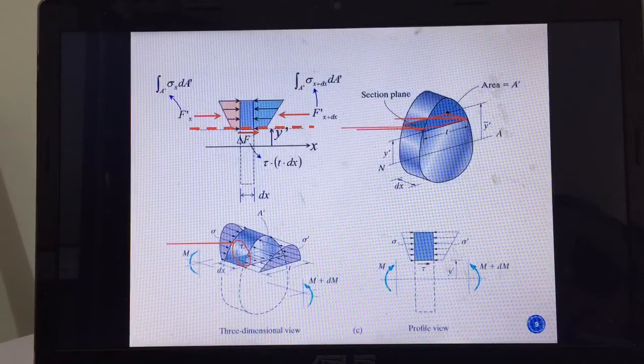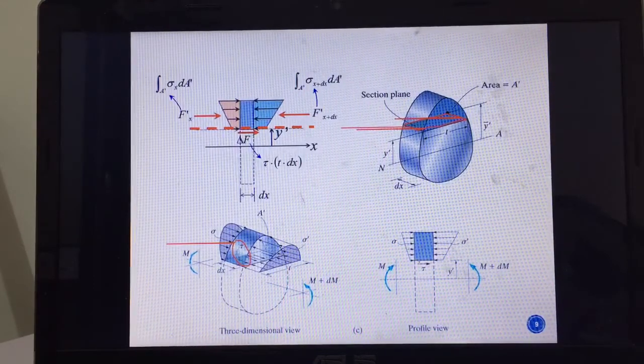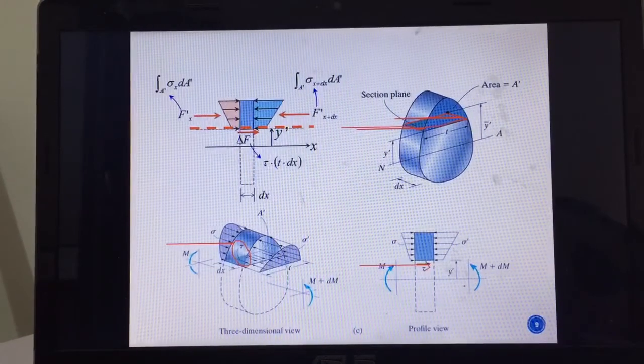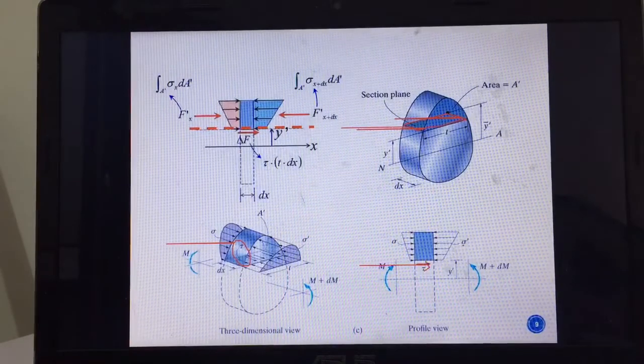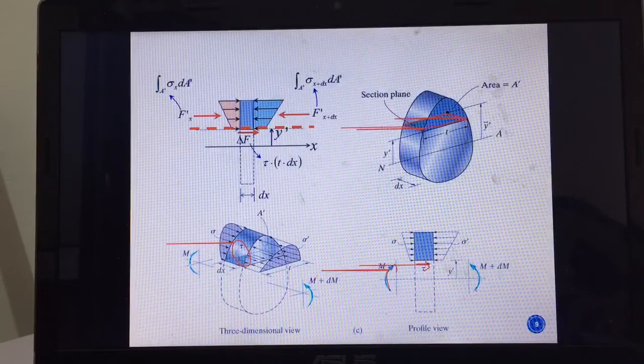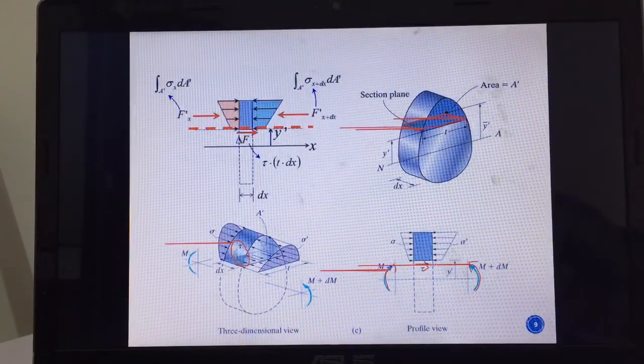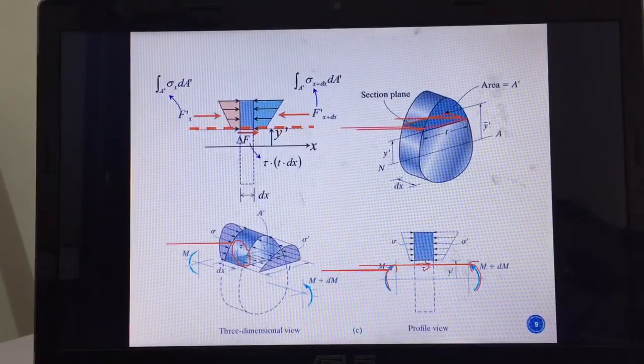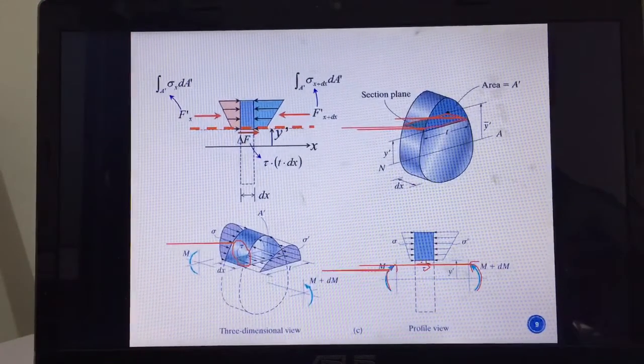If you look at the view, you have this tau, okay, for equilibrium, because one side is M, another side is M plus dM. So you need this tau. Actually this tau is the longitudinal tau.